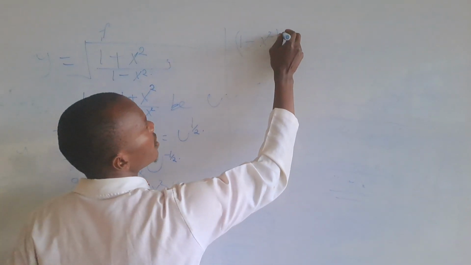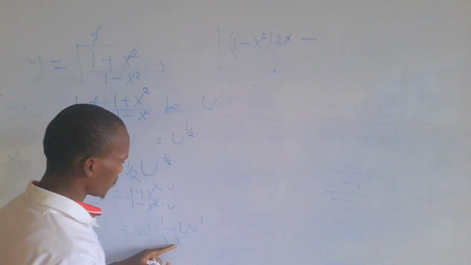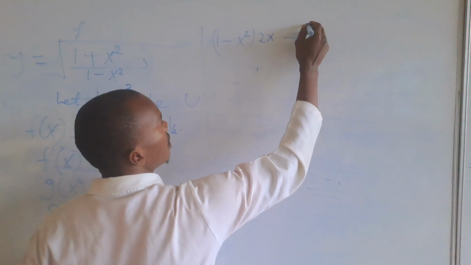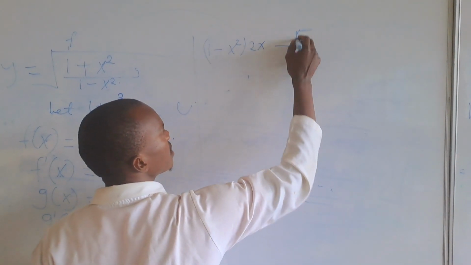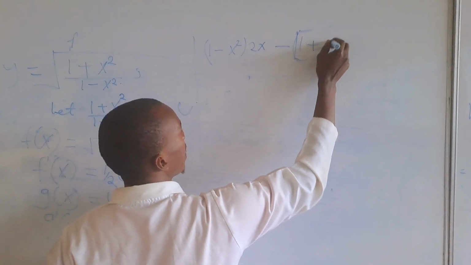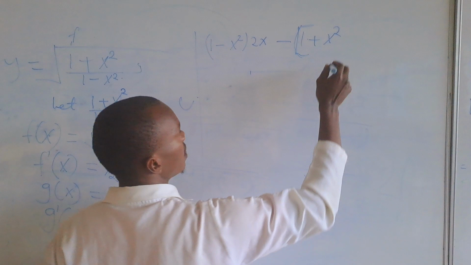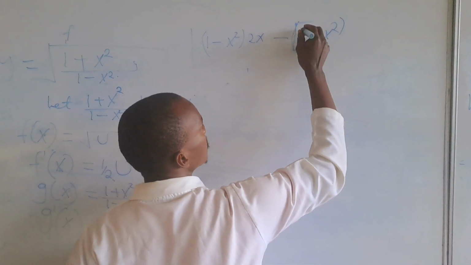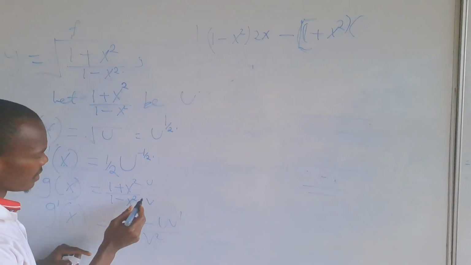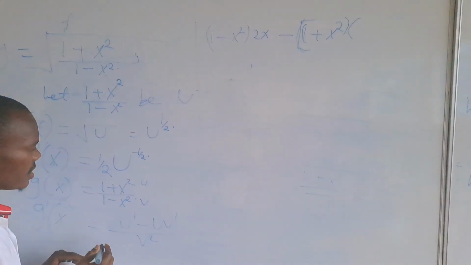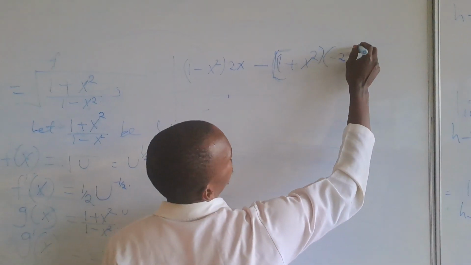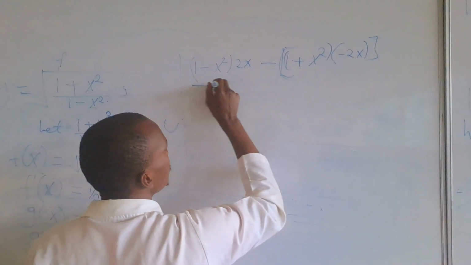So we'll have 2x minus u, which is in bracket 1 plus x squared, then we multiply by the v prime, the derivative of v, which is now negative 2x, like that, over the v squared.